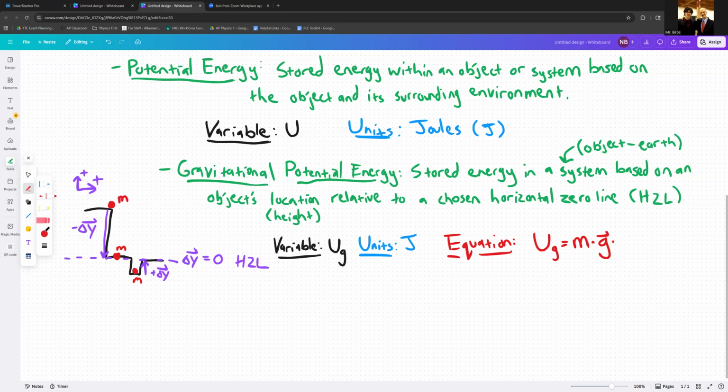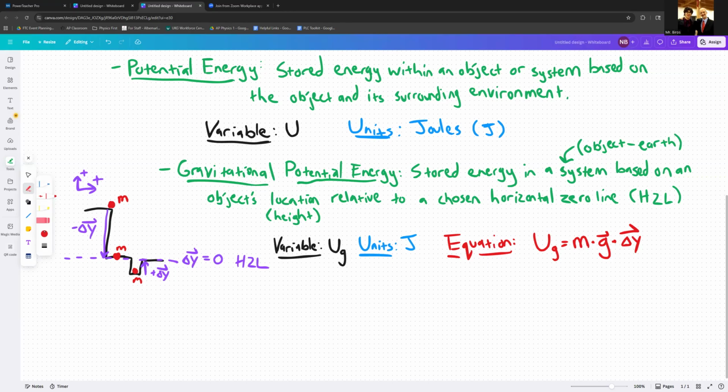So we're not going to just use the same equation we did for force of gravity. There's also a delta y. So it matters not only what the mass of the object is and not only what the gravitational field strength or acceleration of gravity is, it also matters where that object is located relative to our horizontal zero line.